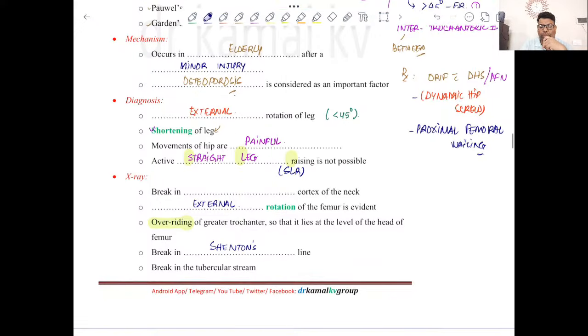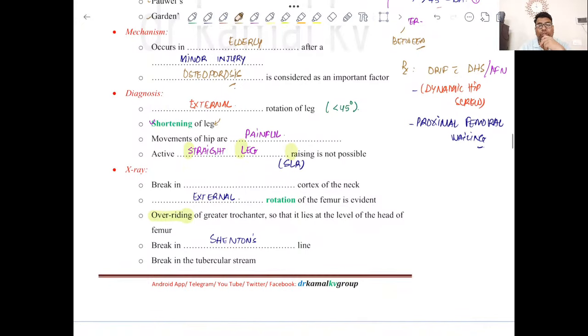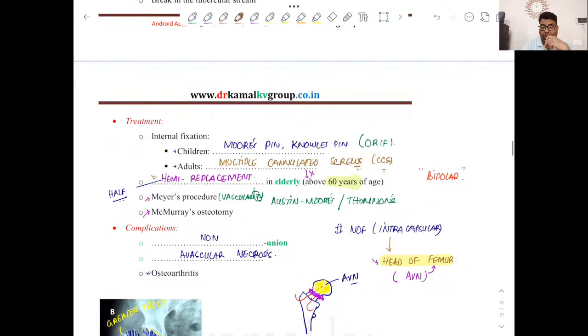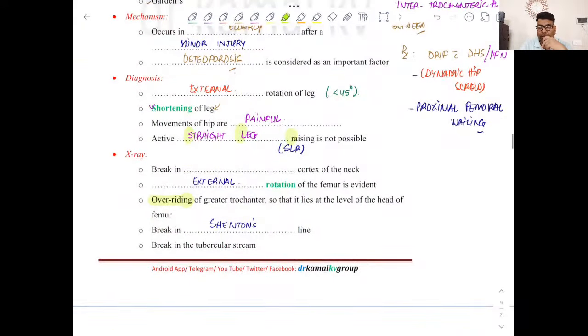And one of the good things with this extracapsular or intertrochanteric fracture is that it unites very well as compared to intracapsular fracture, which can go into non-union. So here union is quite good, but the only problem is that it can unite in some wrong position, and that is known as malunion.